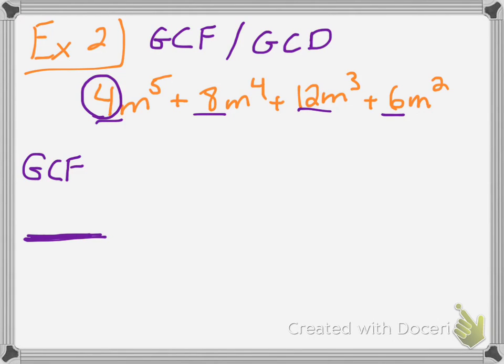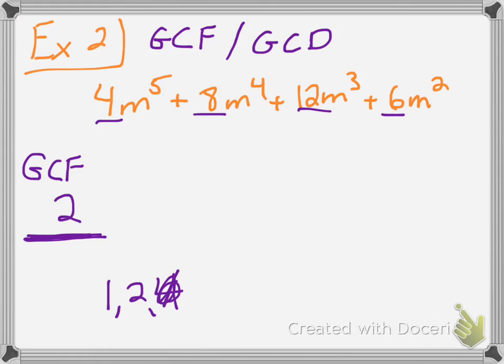So what does that mean? Well, let's think of factors of 4. We got 1 and 4, and 2 times 2. Factors of 4 are 1, 2, and 4. We've already ruled out 4. 2 is the next best thing that we got.